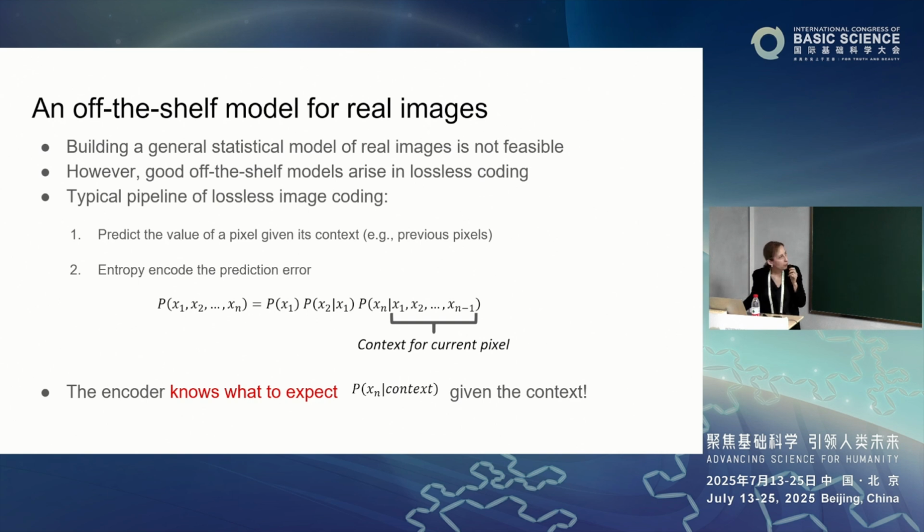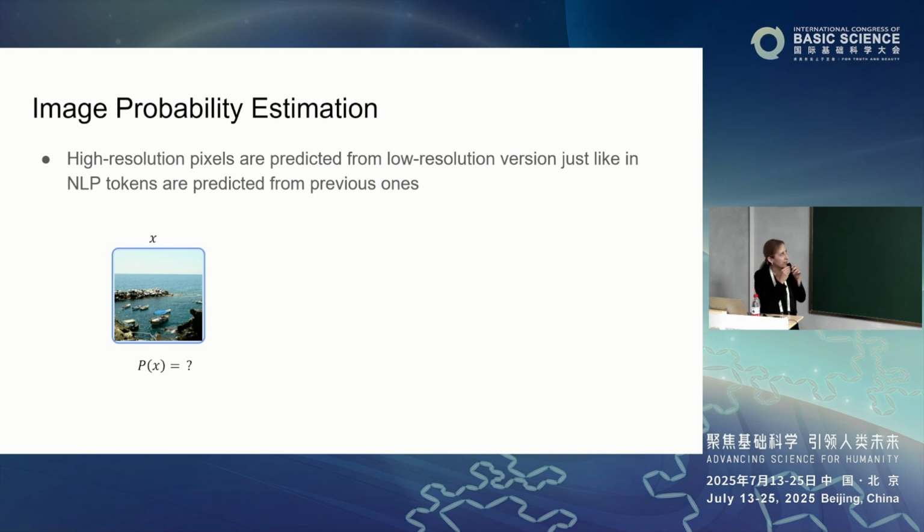So we considered a typical pipeline of lossless image coding, which includes predicting the value of a pixel given its context, and then entropy encoding the prediction error. In our case, the problem was that we had to consider an image probability estimation. For words it's easy because we have tokens and we can use the previous token.